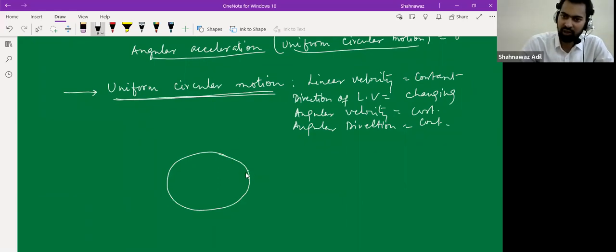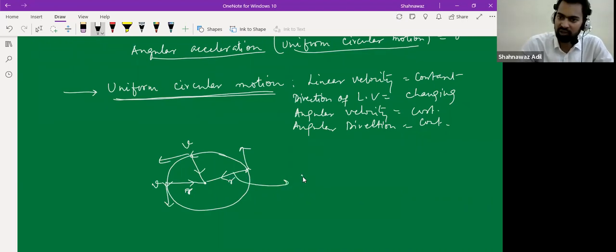So let's say a body is moving like this, and this is the origin or the center of this circle, and this is the radius. Towards the center, this body will feel an acceleration. This is called the centripetal acceleration.